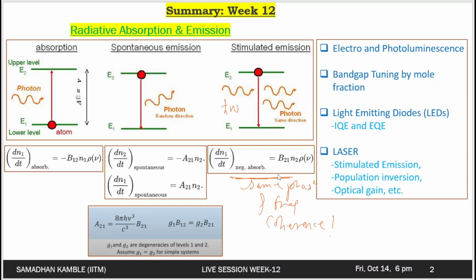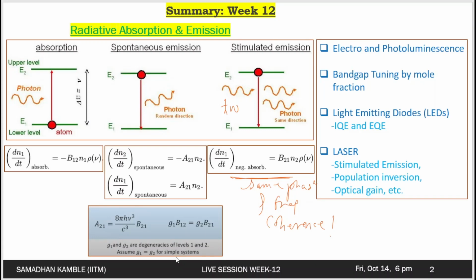Okay, so these are the three fundamental mechanisms of interaction of radiation with matter. These Einstein coefficients A21, B21, etc. are not really independent. They are related to each other, and if you know one of them, you can find out the other two, and the relation is given in this particular box here, essentially telling you that the A coefficient is related to the B coefficient.